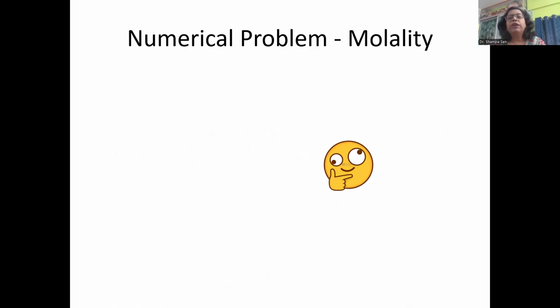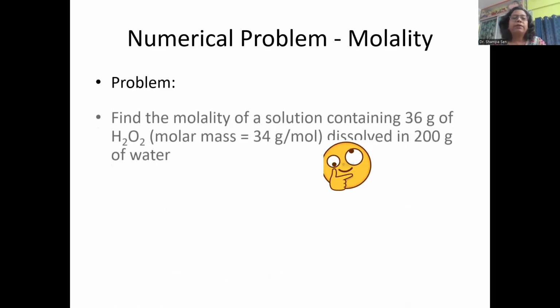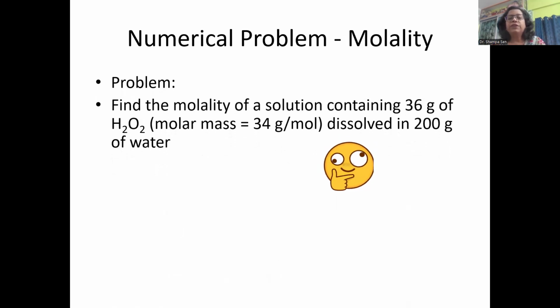Next one is on molality. Find the molality of a solution containing 36 gram of hydrogen peroxide, whose molar mass is given as 34 gram per mole. It's given with the question, but it is easy to calculate as well. 2 hydrogen, 2 oxygen, that means 2 into 1 plus 2 into 16. So it is 34 gram per mole, right? Dissolved in 200 gram of water.